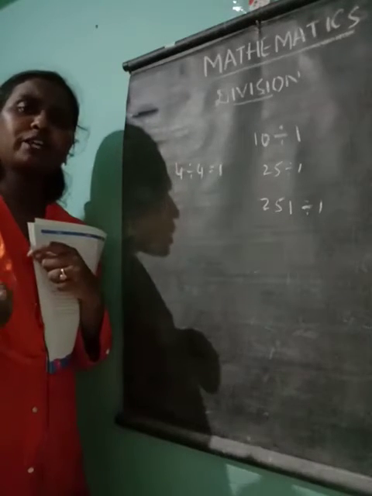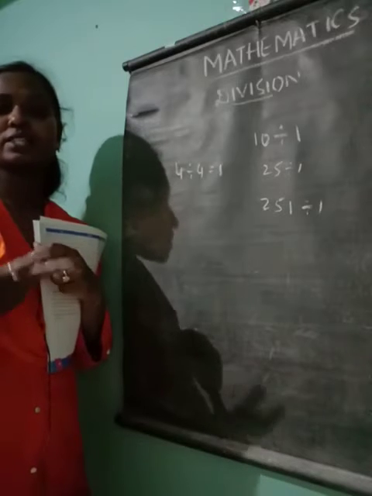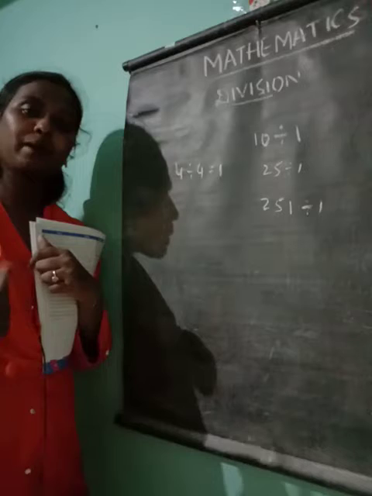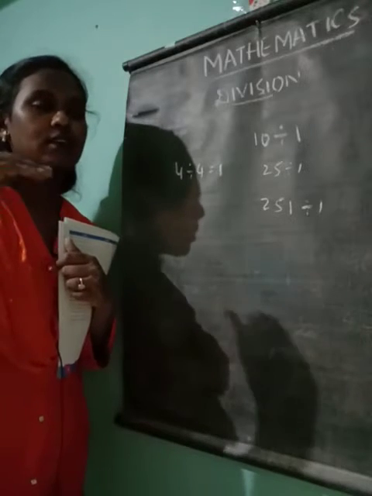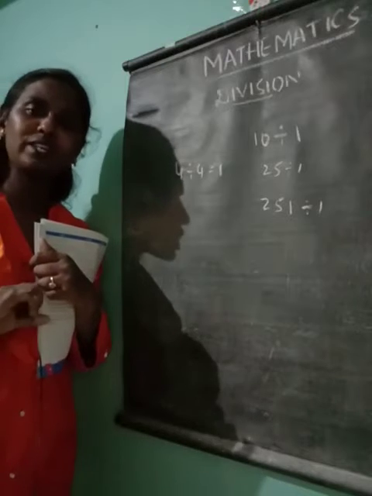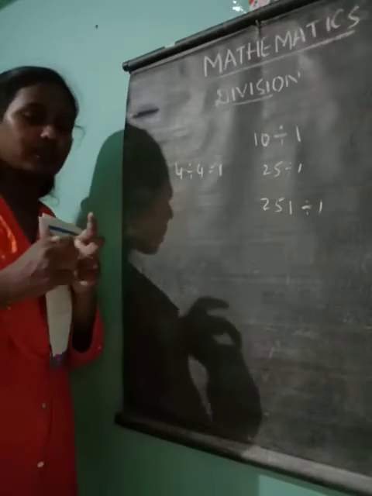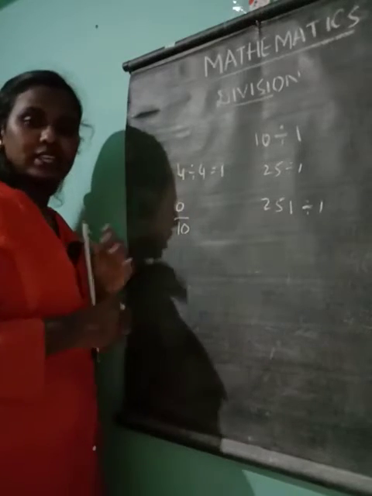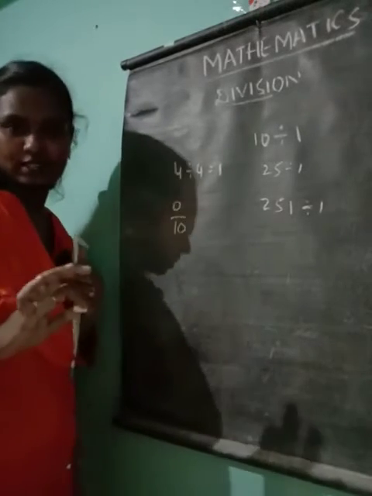But if you multiply by 0, the answer is 0. And in division also, if you divide any number by 0, the number is not defined or it is 0 only. It is not defined in division.